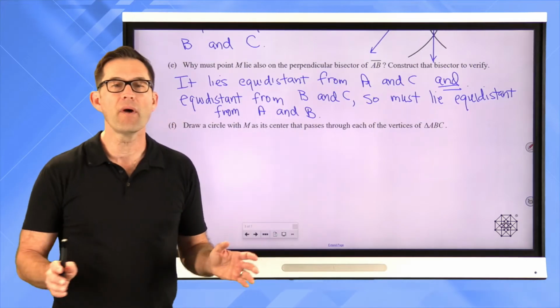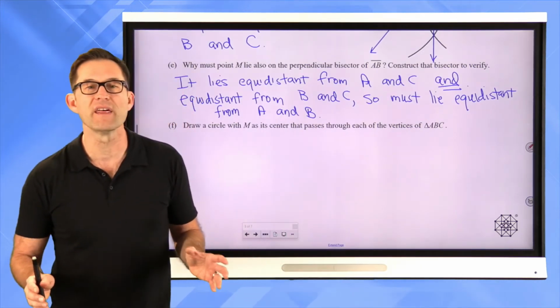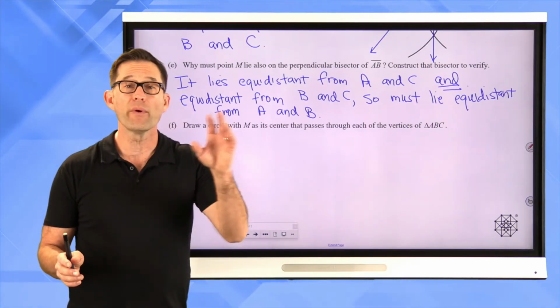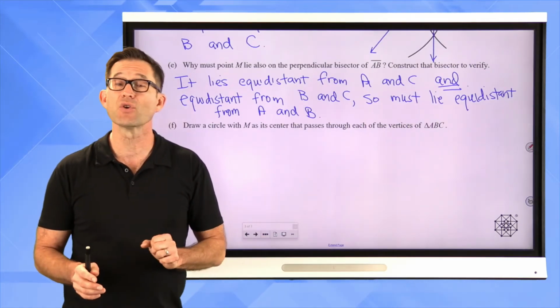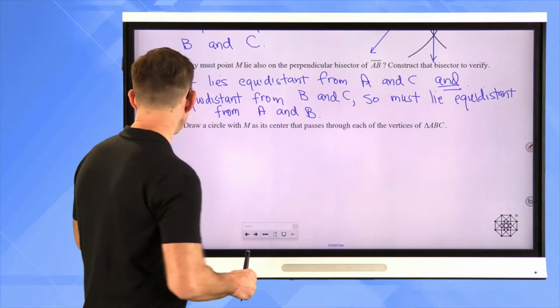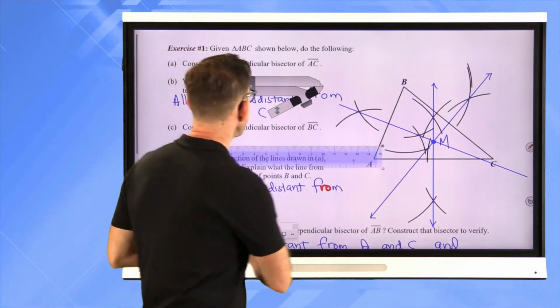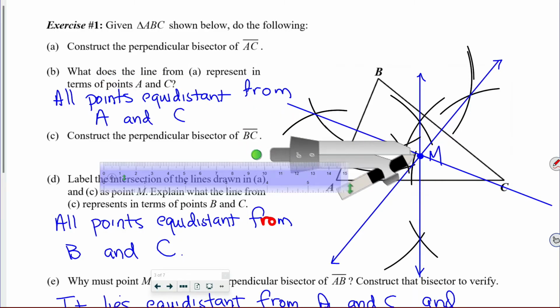Now keep in mind, the whole point of a circle is that it's a curve where all the points along the curve are the same distance away from the center point. But that's exactly what we have with these three vertices. Every one of these three vertices is the same distance away from point M.